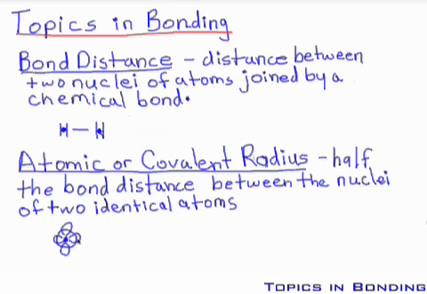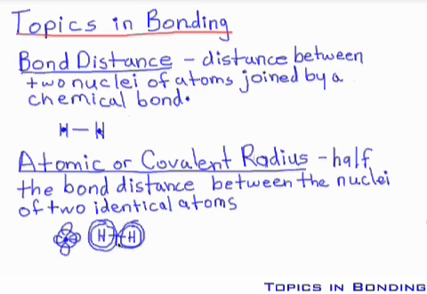So how far do you measure out from a nucleus to get its radius? Well, we define it as half the bond distance between the nuclei of two identical atoms. If you use two identical atoms, such as we did in our previous example, two hydrogens bound together, we can assume that halfway along this bond, the two edges of the orbitals come into contact.